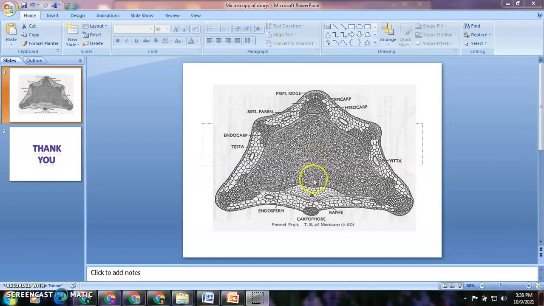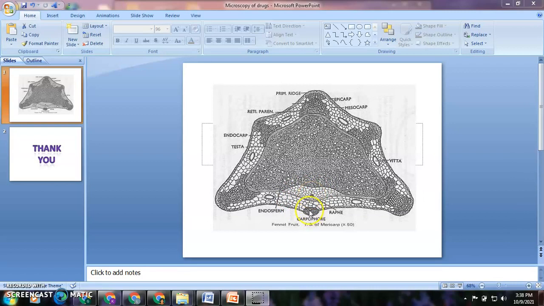Now regarding this raphe, it is nothing but a single ridge of vascular strand, which appears at the middle of the commissural surface.